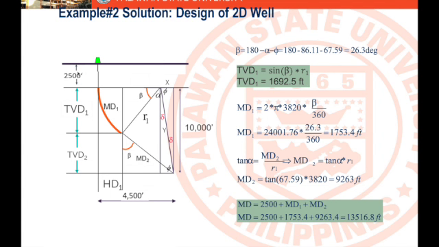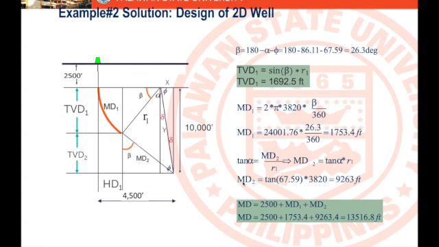Since TVD1 is calculated as 1692.5 feet, we just need to add this 25 plus 1692.5 feet, and subtract it from 10,000. So there, you have one side of a right triangle. Okay, so let's proceed.